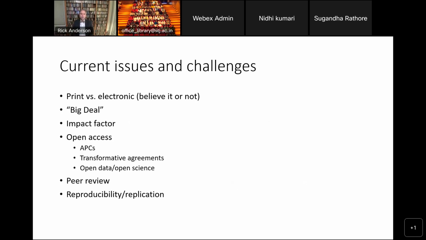And then, of course, there's the reproducibility and replication crisis about which many of you will have heard. And we don't really have time to go into it except to say that it's becoming increasingly clear that an awful lot of research being done right now, particularly in the social sciences, but not only in the social sciences, is not replicable, meaning that when other people do the same study that was published, they tend to come up with different results, which suggests that either they didn't do the study exactly the way the authors of the original study did, or something is wrong with the data or was wrong with the research methodology.